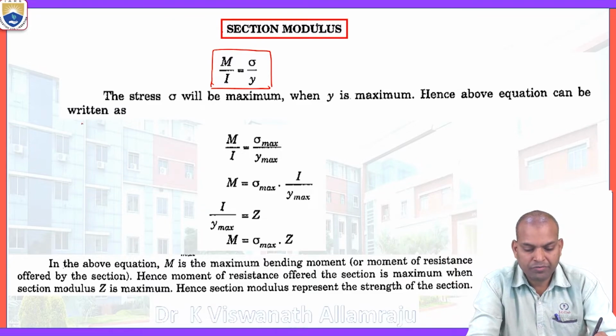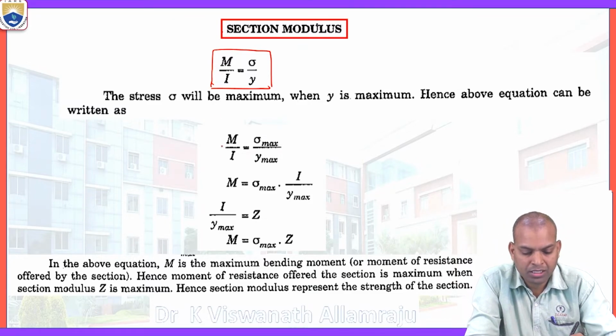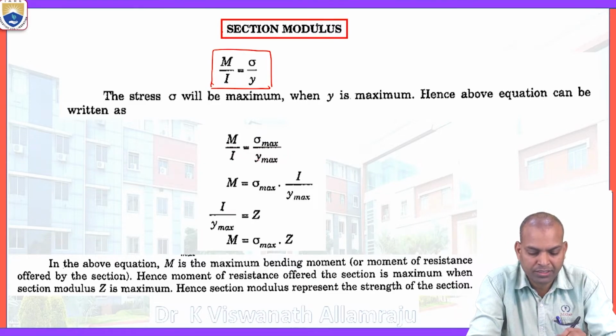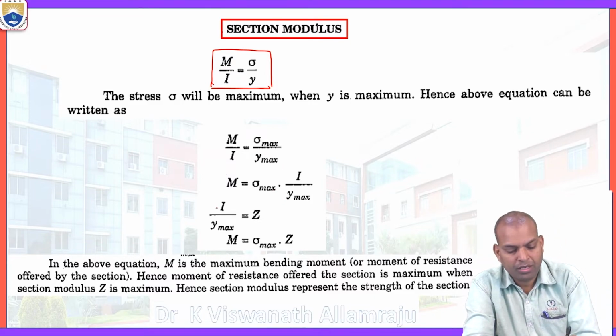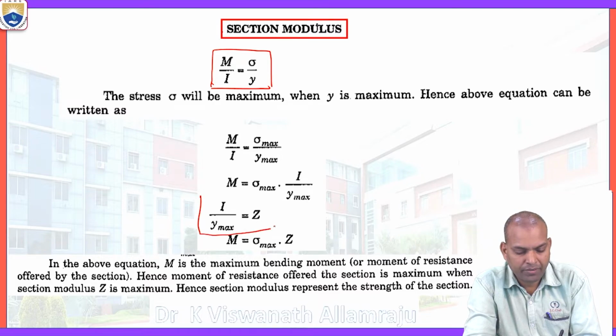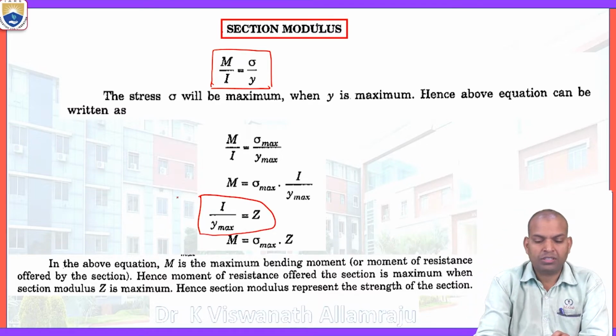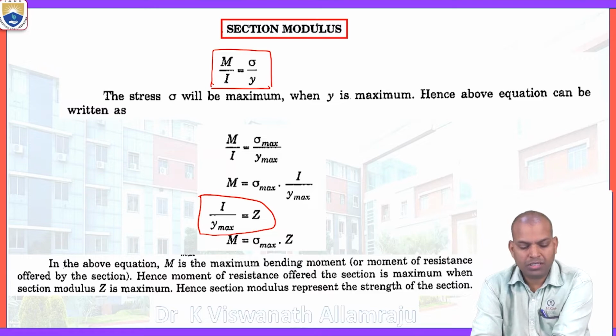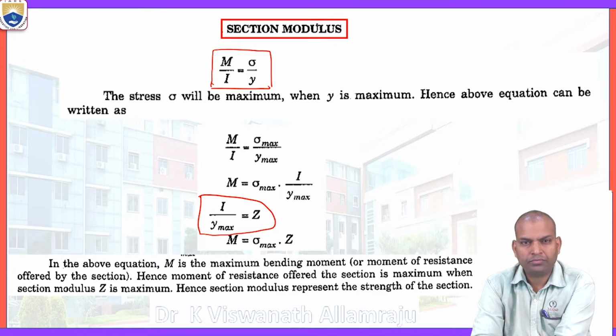Hence, in the above equation we write M by I equal to sigma maximum by y maximum, and M equal to sigma maximum times I by y maximum. Now we know that I by y maximum is known as the section modulus. Section modulus is the ratio of moment of inertia to the maximum distance from the neutral axis to the fiber. This Z equal to I by y maximum.